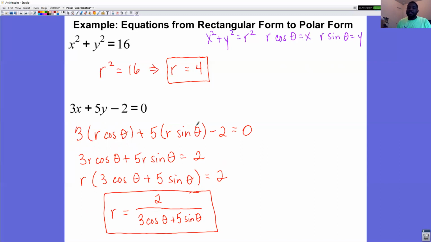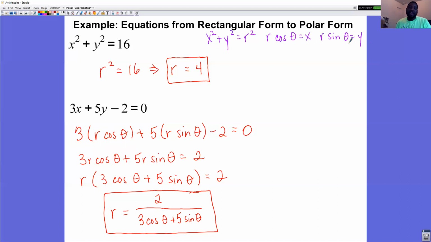Okay, so this is going to take a little bit of algebra and creativity to try to get r by itself. I'm going to caution you, some of the equations you won't always get a nice expression for r. But again, the objective is to utilize the 3 equations you see here on the screen in purple.